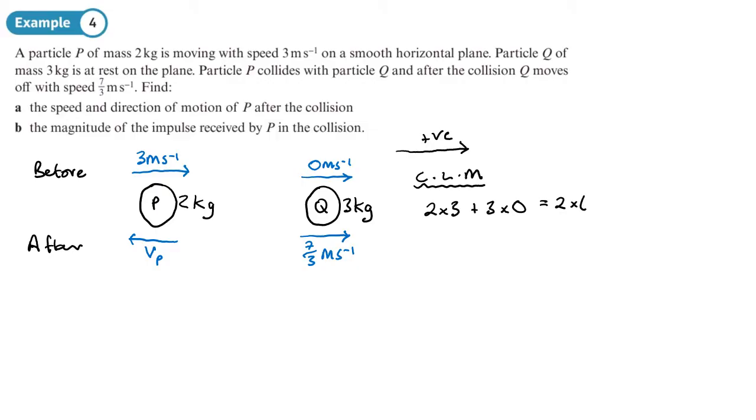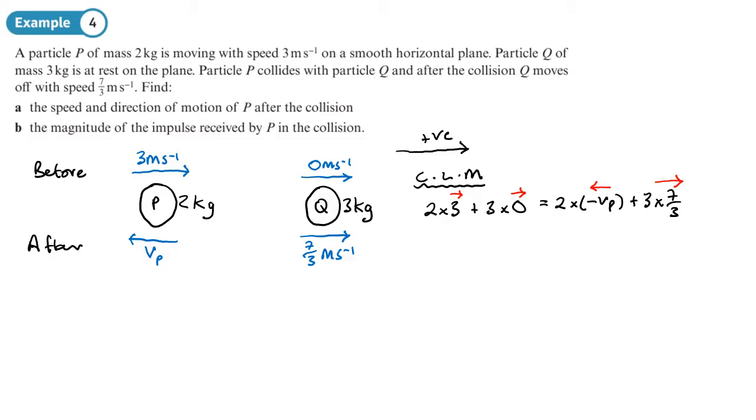Now, because I've got that arrow going that way and I've taken VP as that way, I need to take it as a negative in my working, plus the velocity of Q, so 3 times 7/3. That's a positive because we're taking it that way.